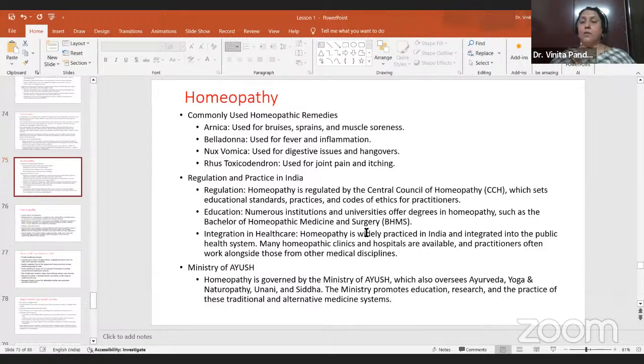In fact, there was also a national level discussion on whether the Ayurvedic practitioners and homeopathic practitioners should be allowed to do surgeries or not. Now, of course, this is a matter of discussion and debate.